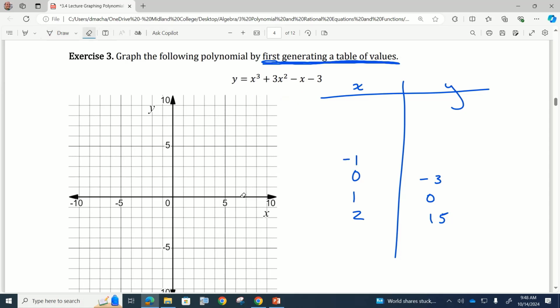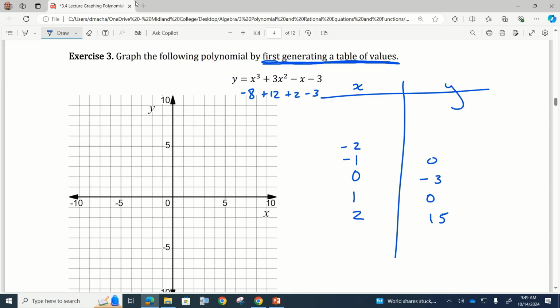If x is negative 1, then this would be negative 1 plus 3 plus 1 minus 3, so y is 0. Next, we would try x equals negative 2. We get negative 8 plus 12 plus 2 minus 3.